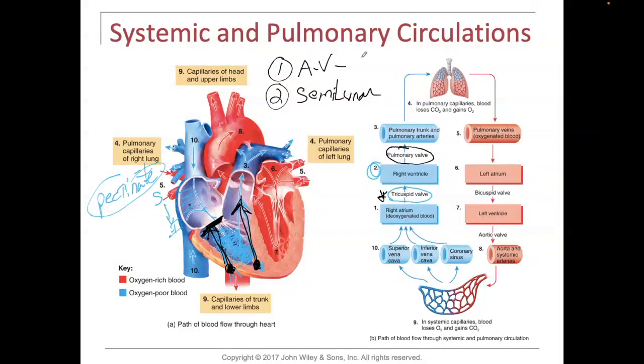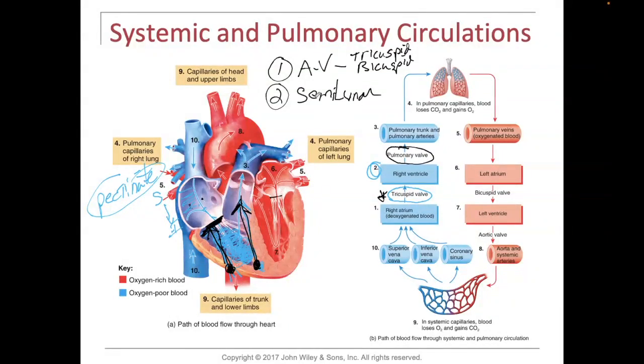The AV valves are called the tricuspid and bicuspid. So AV, between the atrium and the ventricle. So the tricuspid is on the right side, and the bicuspid here is on the left side.